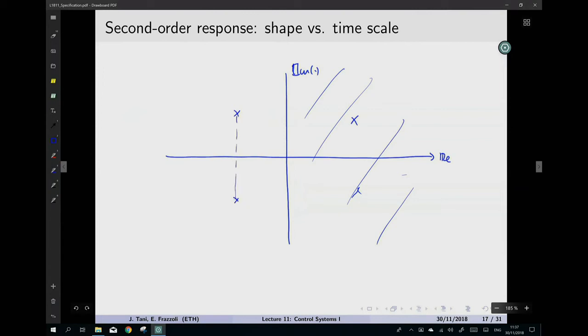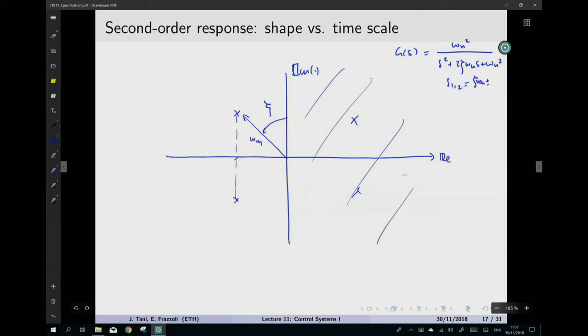So this distance from the origin is going to be the omega n, and this angle here is going to be related to the damping zeta. So the transfer function is equal to omega n squared over s squared plus 2 zeta omega n s plus omega n squared. If you calculate s1,2, this is what?